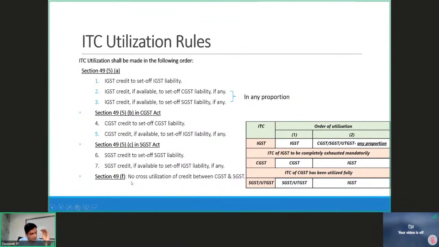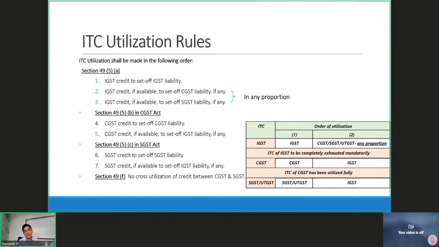Similarly, SGST credit you utilize for payment of SGST liability, like with like. Then any credit balance available in SGST, if there is still some more credit, you can utilize for payment of IGST. Okay, but there is no cross utilization permissible between S and C.